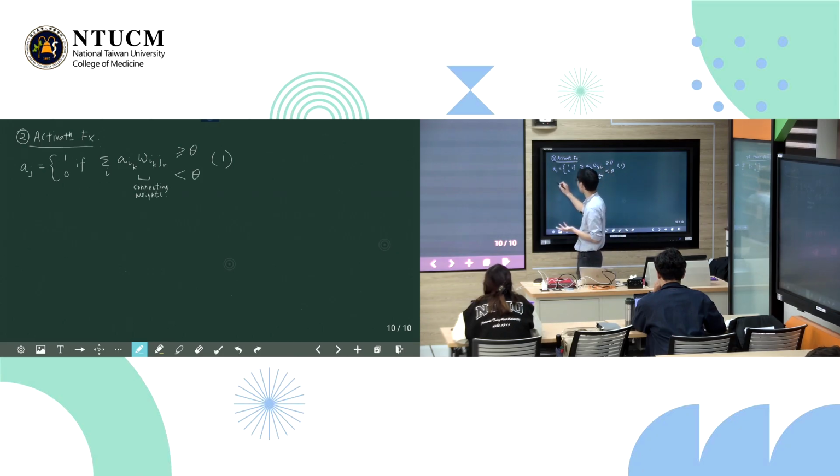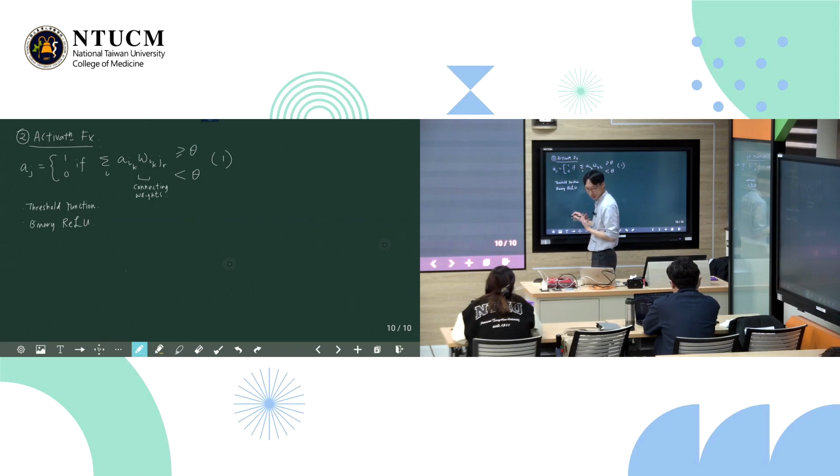Okay, so this is a threshold function. It is a binary ReLU, a binary regularized linear unit. We know this before, and it looks like this. It's got a theta here, and this is going to be AIW, and this is going to be AJ.